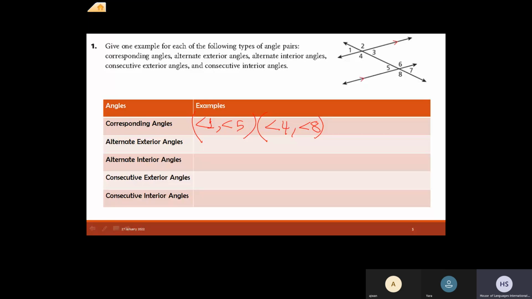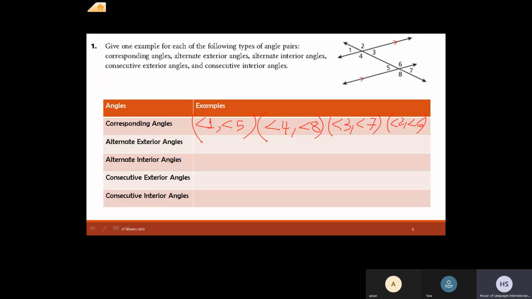Now on the next slide, I want you to give the second side, but both of them are down. Which are the two angles? 3 and 7, bravo. And 2 and 6.